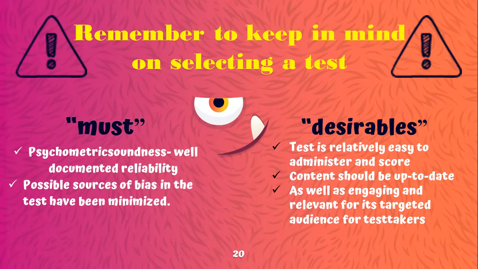So next is that possible sources of bias in the tests have been minimized. So if makita nato nga naay bias sa isa ka test, kailangan nato siya i-minimize. Pananglitan, ang test mas bagay sa specific student kay bright siya, so i-minimize nato din na siya.